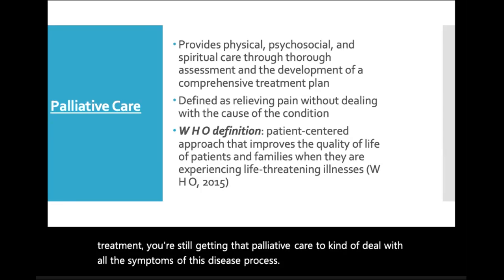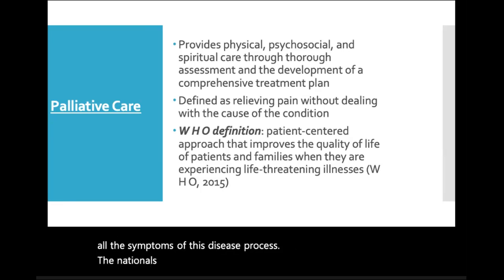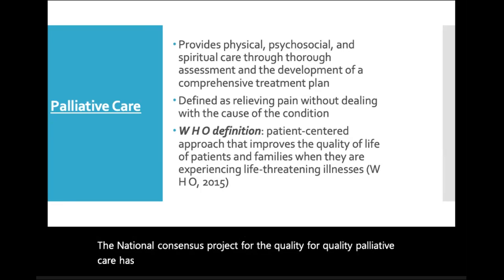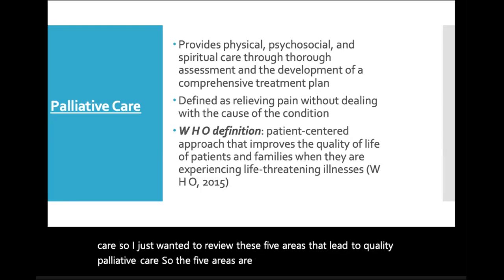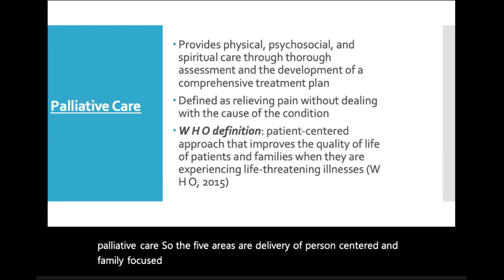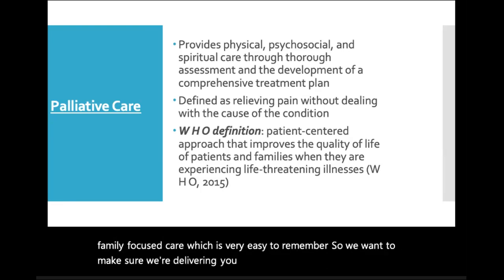The National Consensus Project for Quality Palliative Care has provided recommendations for care domains in palliative care. So I just wanted to review these 5 areas that lead to quality palliative care. The 5 areas are delivery of person-centered and family-focused care, which is very easy to remember. So we want to make sure we're delivering patient-centered care, family-centered care.